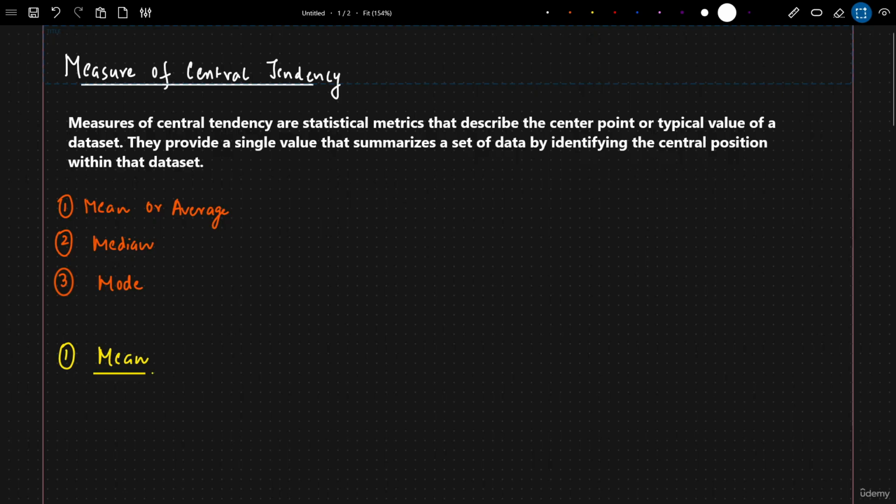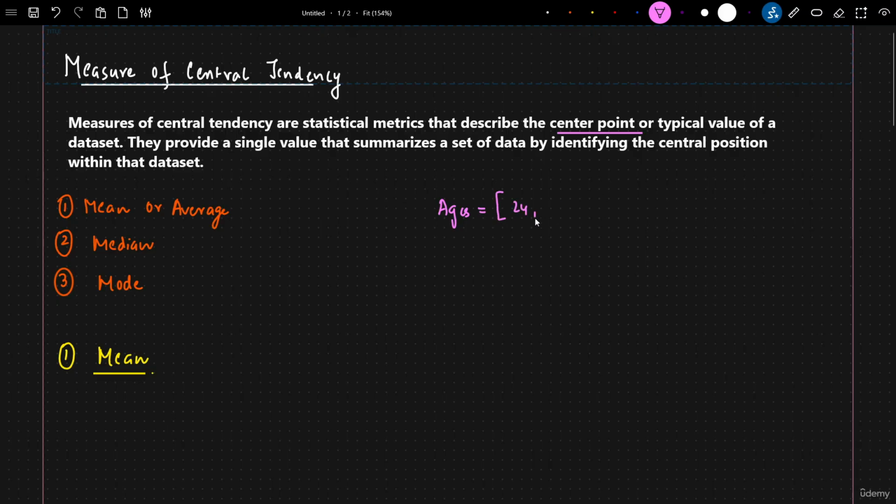So first of all, with respect to the definition, measure of central tendency are statistical metrics that describe the center point of a data set. They provide a single value that summarizes a set of data by identifying the central position within a data set. Let's say I have a variable called ages, okay?